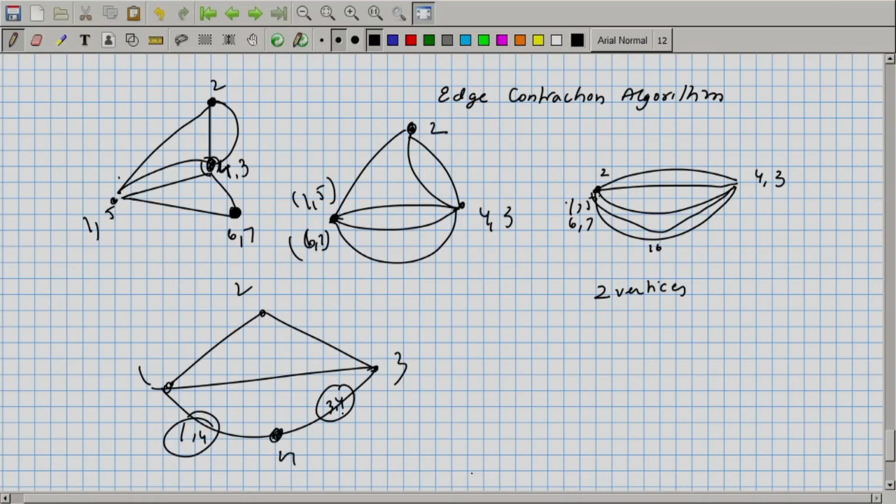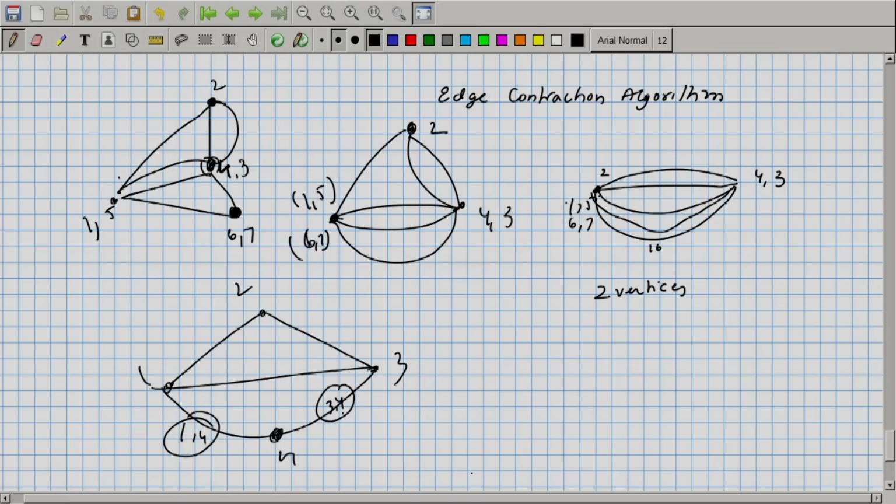So, when the contraction is being done, we do not lose information about which edge this was in the original graph. So, once the contraction process is finished and we end up with exactly 2 vertices, we can, from the collection of edges, figure out which were these edges in the original graph.